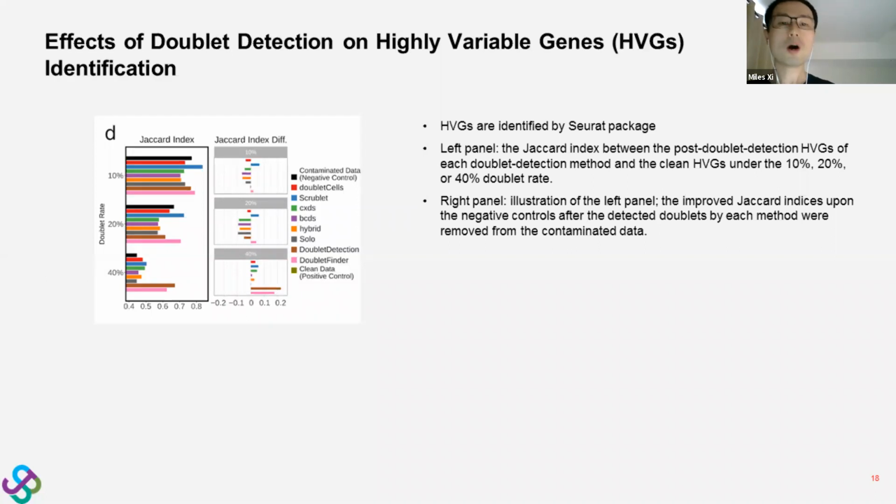We call them highly variable genes. Those genes will give you much more information than, say, one gene with all zeros. So we want to identify those genes. And also, if you have doublets, you will introduce those non-existent cells, which will affect this task. So we want to see the effect of doublet detection on highly variable gene identification.